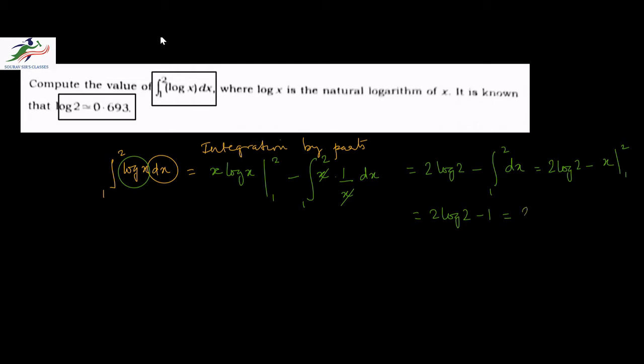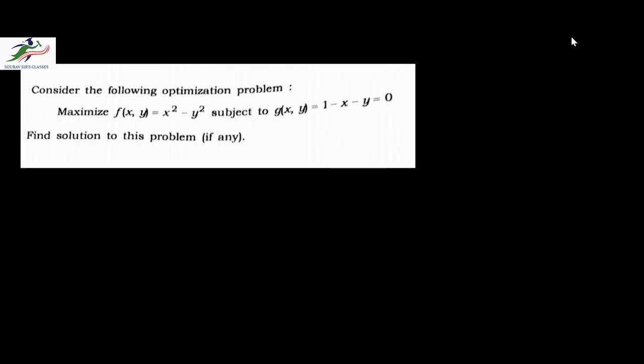The value of log 2 is 0.693, so 2 into 0.693 minus 1 is 1.386 minus 1, which is 0.386. So this is the value of this integral.